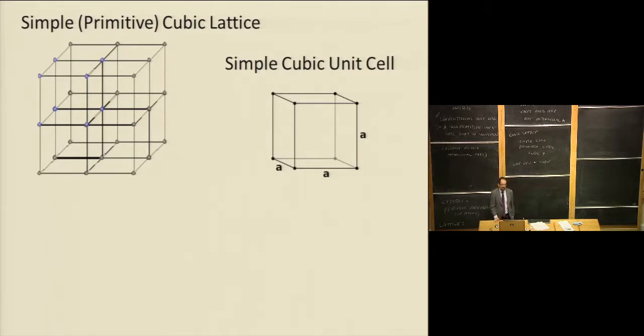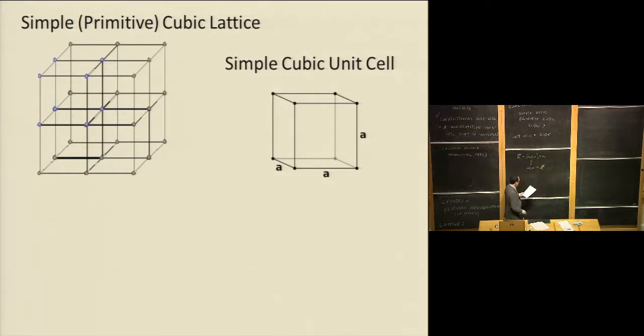So that's a primitive unit cell. And it's 1/8 times all of the 8 corners. Each corner is 1/8 inside the unit cell. We can write down the lattice points in a more proper way, that R equals (u, v, w) times the edge length a, where u, v, and w are all integers.